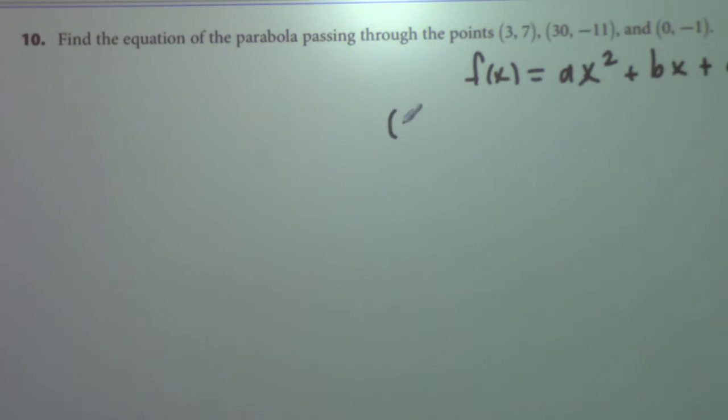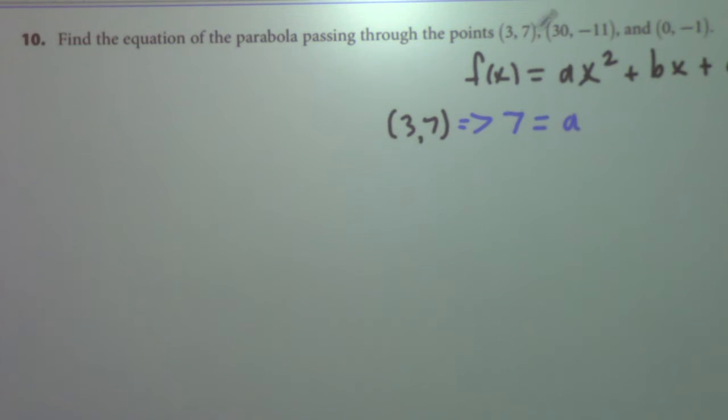We're going to work here first with 3, 7 over here, and to get an equation out of that, we're having f of x, so whatever we plug in for x is going to equal 7. So we're going to have 7 is equal to a, we don't know what a is. We're trying to find out what a, b, and c are.